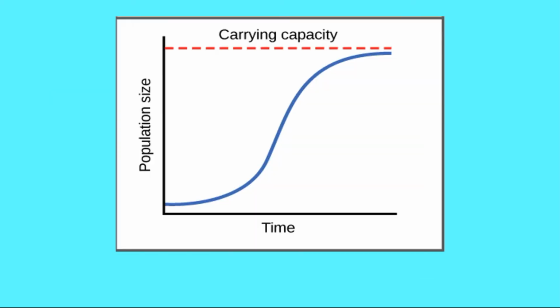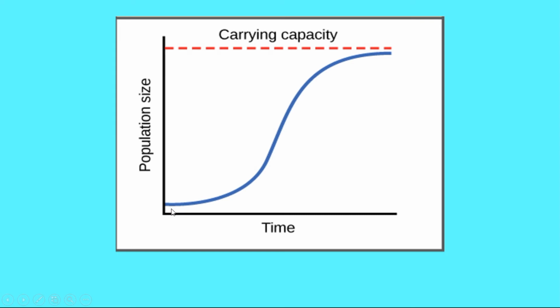When examining a new population in an ecosystem, the population graph can be plotted. The population graph results in an S-shaped curve that shows how the population size fluctuates or changes with time.